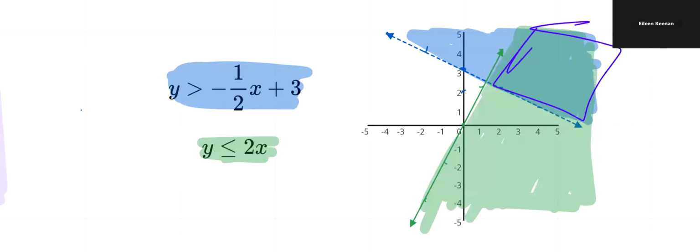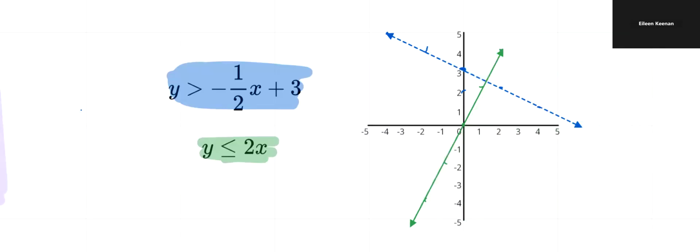All that overlapping part. So we erase and we keep that. That green line should be a little bit longer. Didn't realize it had stopped right there before, but yeah, it keeps on going. So that is our shading for that, and we're done. That's it.